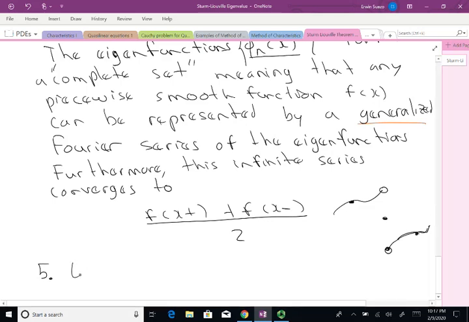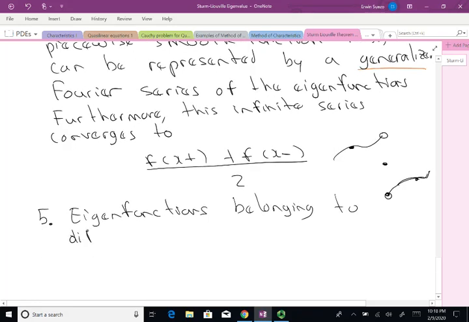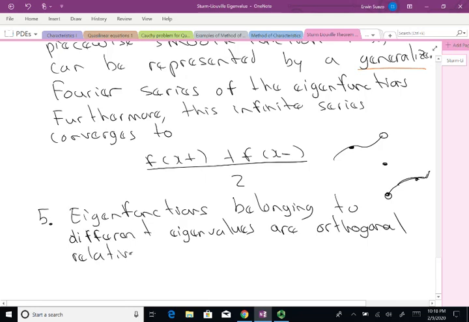So finally, remember, you spent a lot of time in this homework proving orthogonality. Eigenfunctions belonging to different eigenvalues are orthogonal relative to the weight function sigma of x.